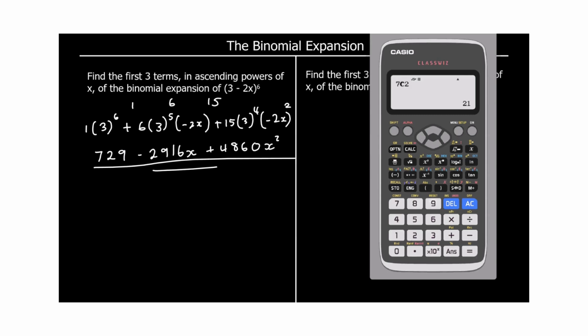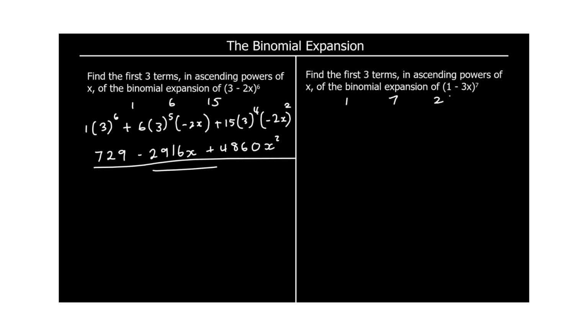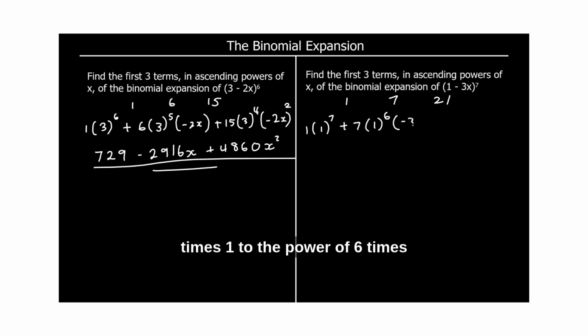Then 21. So we're going to have 1 times 1 to the power of 7. 7 times 1 to the power of 6 times negative 3x to the power of 1. And then 21 times 1 to the power of 5 times negative 3x squared.